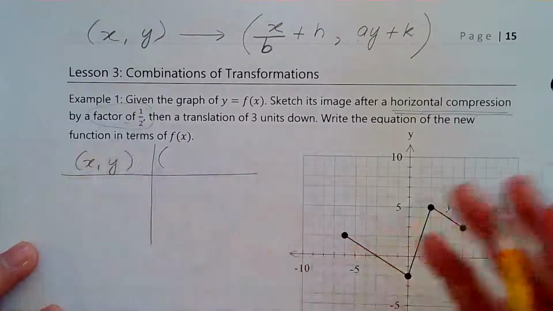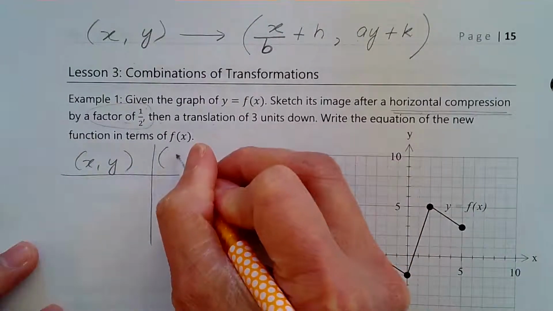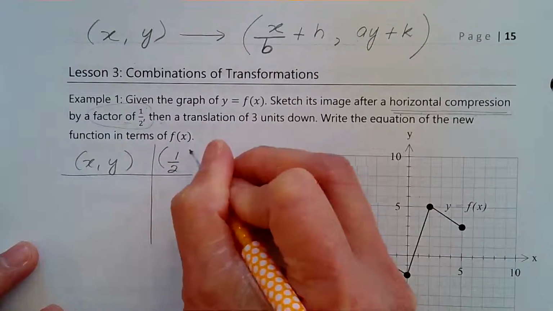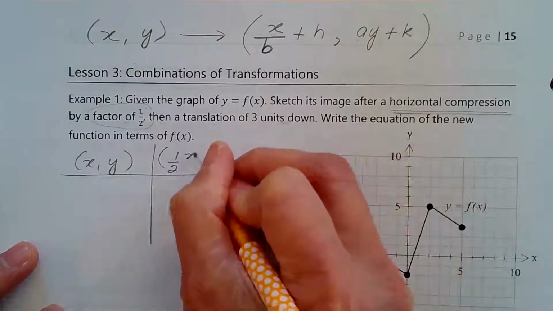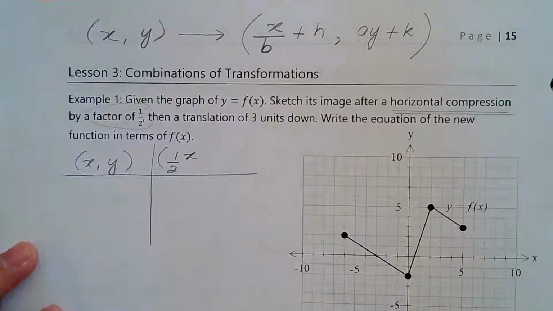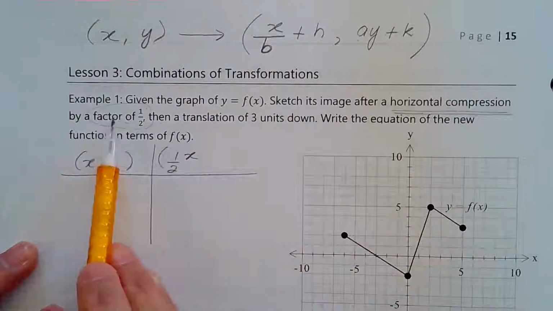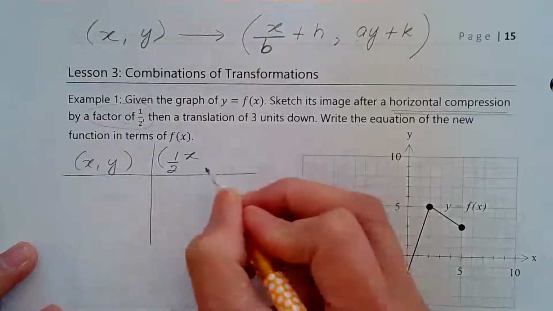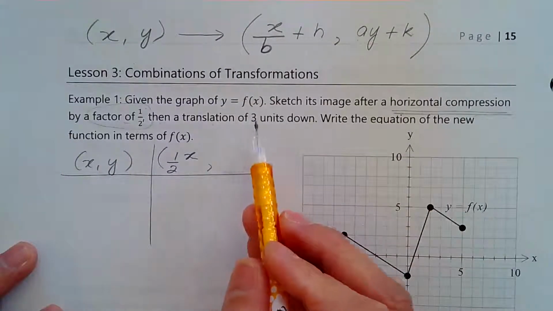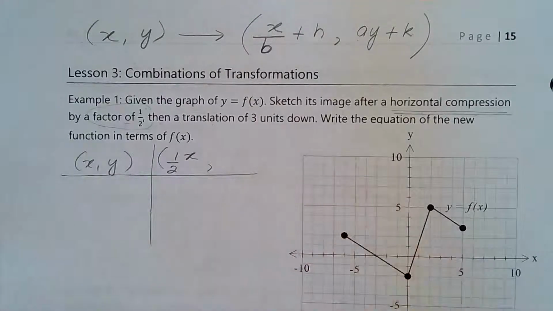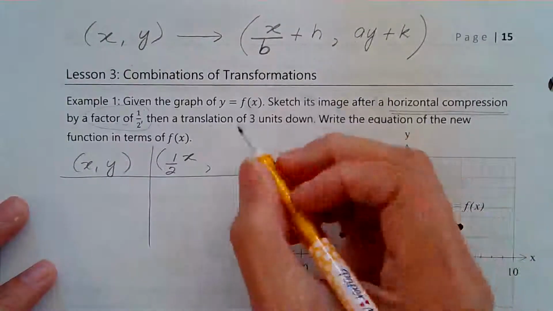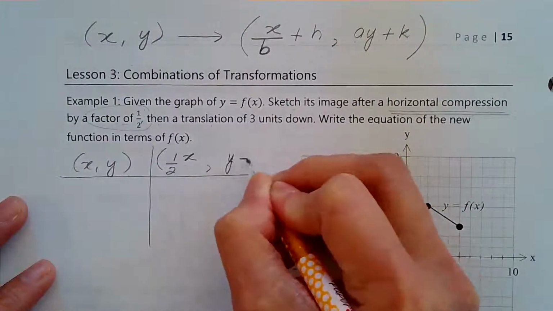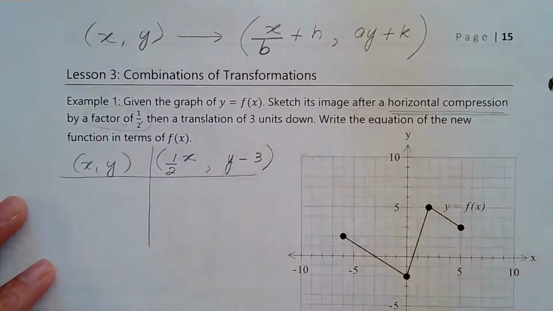A factor of 1/2 horizontal compression gives us 1/2 times x, since a factor of 1/2 means it's multiplied by 1/2. And then a translation of 3 units down affects our y coordinates, so it's y minus 3.